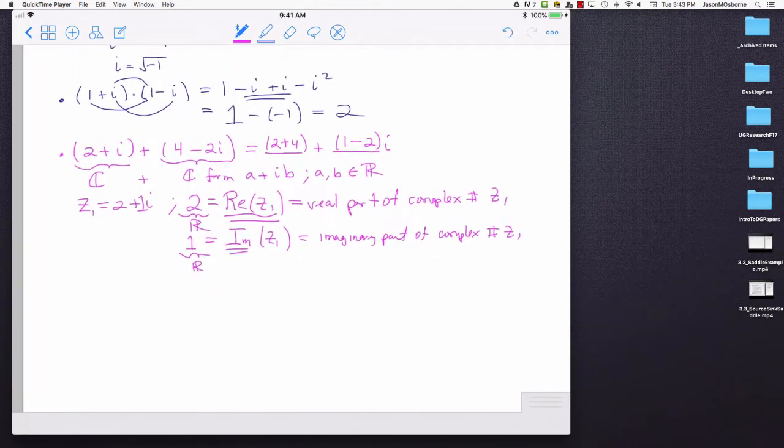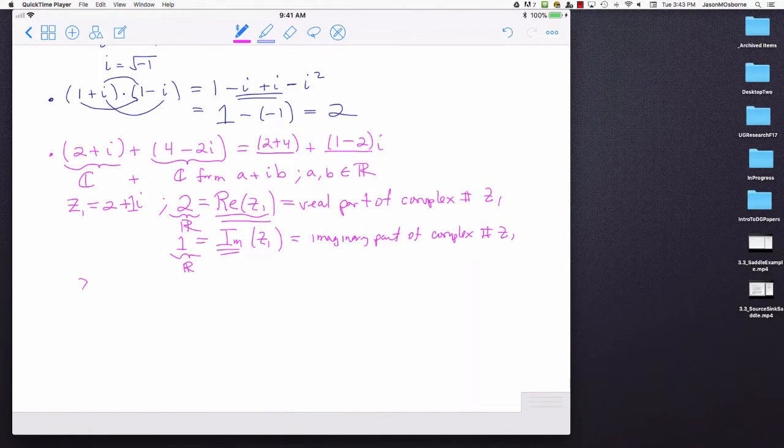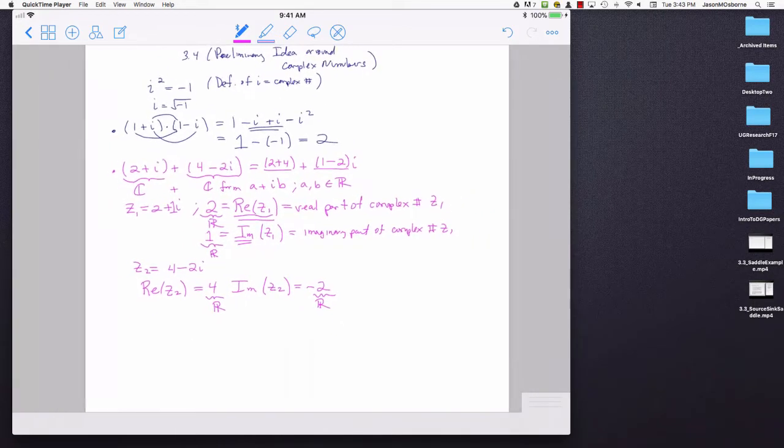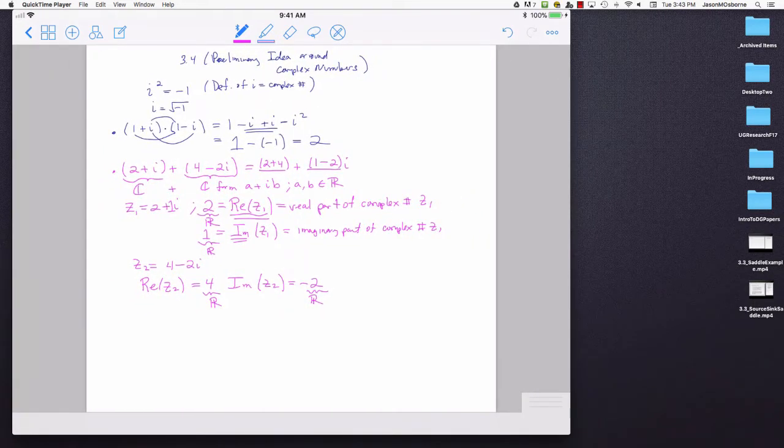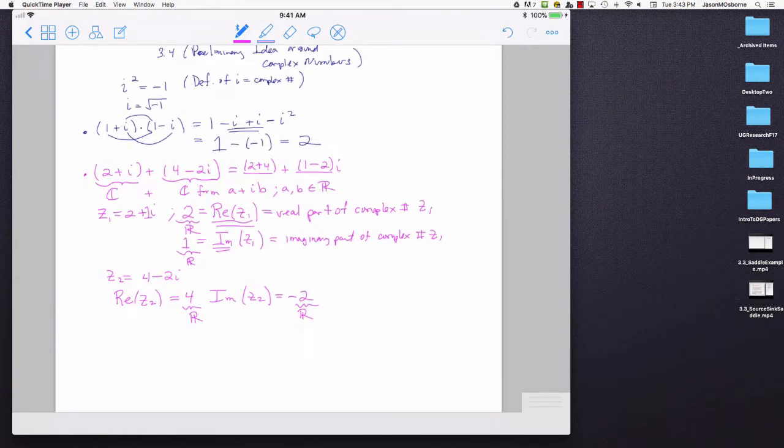Okay, so a follow-up to that, you have another complex number, z2, which is 4 minus 2i. The real part of this number is 4, and the imaginary part of this complex number is -2. Both of the numbers 4 and -2 are real numbers. Okay, so there's how you would do some arithmetic with complex numbers.